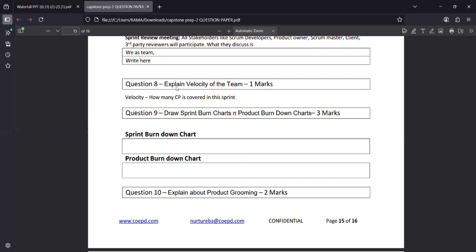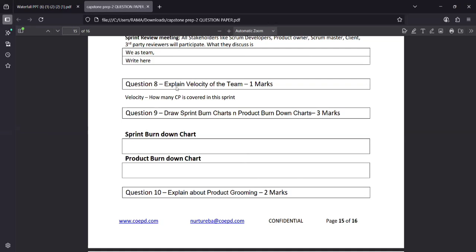So the next question will be the ninth one. You need to draw the sprint burn down chart and product burn down chart. You need to use the Jira tool here. If you don't know how to draw the sprint burn down and burn up chart using Jira, we already have recorded sessions, like the Jira awareness session, on our YouTube channel.